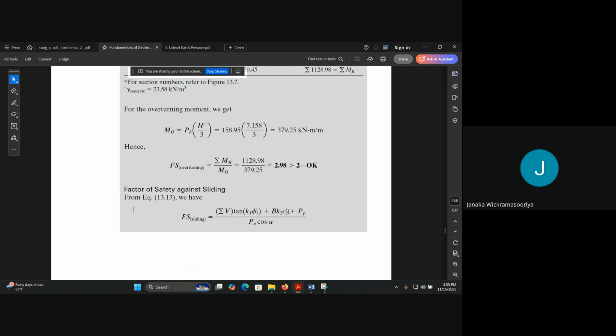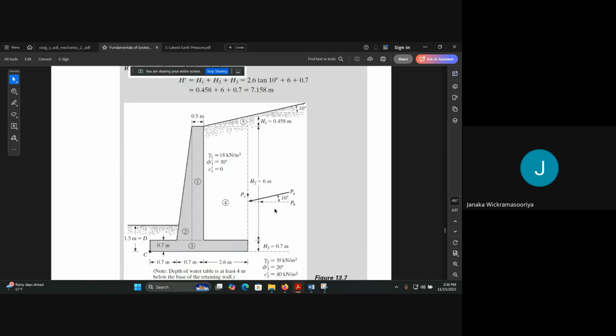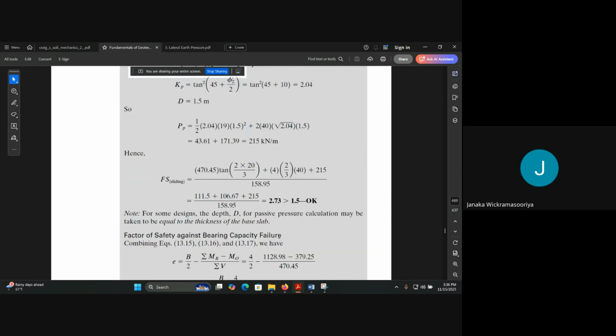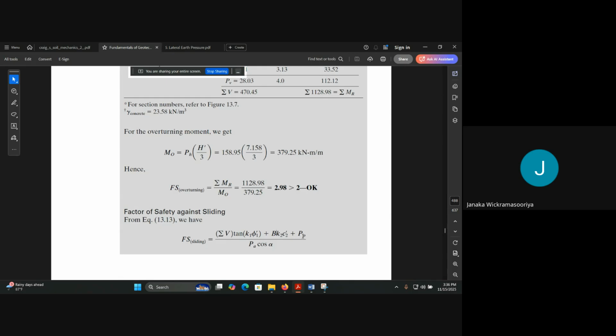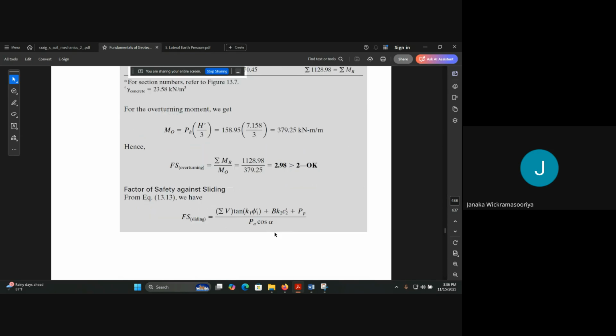Then the adhesion between concrete and soil is taken as a portion of the soil cohesion, that is k2 times c2, and it is multiplied by B. B means the width of the retaining wall, plus passive force. So in the denominator you have the driving or the sliding force. In the numerator you have the resisting force.